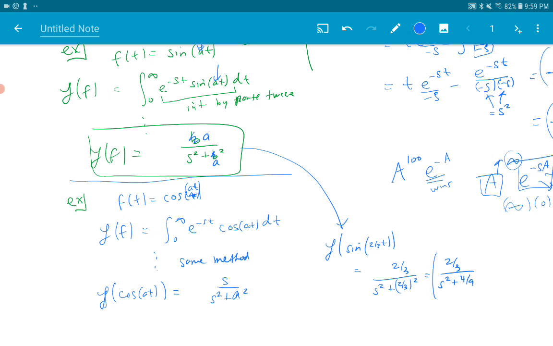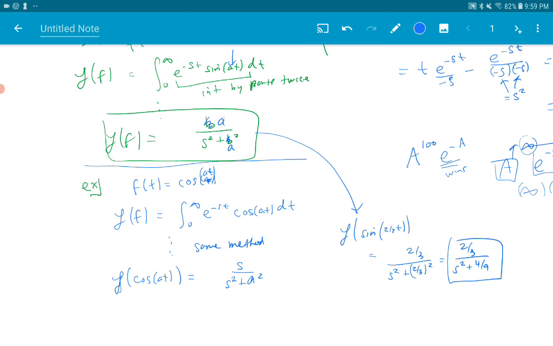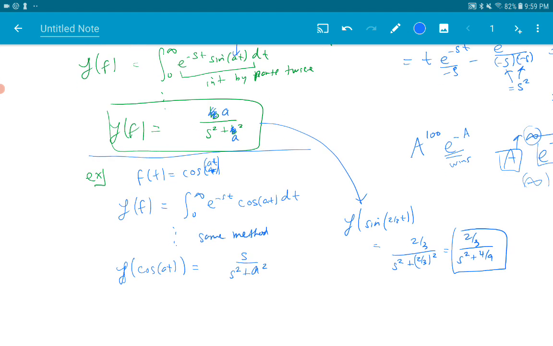You can't simplify anything there because of the plus. So I meant to write a there. For the sine function, it's a over s squared plus a squared.